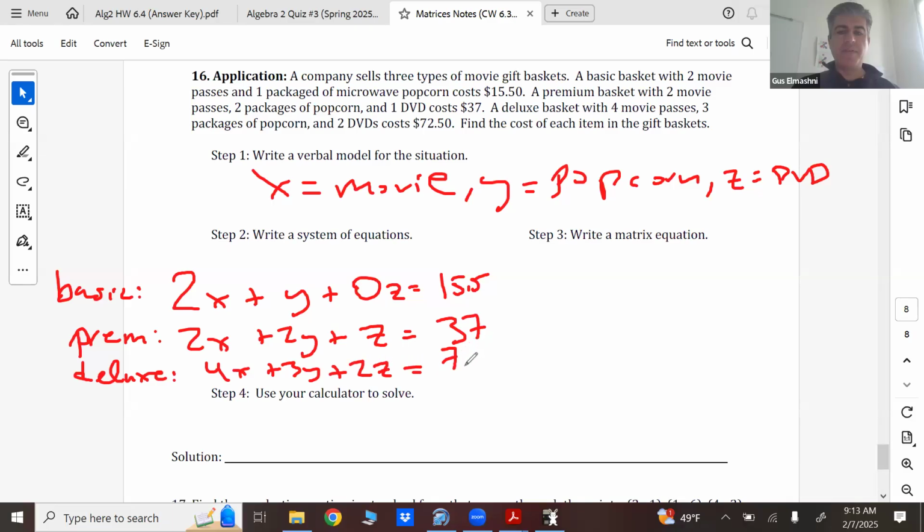Which basket did you get? We have kids, so I would probably get deluxe. But then again, we have Disney, we have Netflix, we have Prime. Every time I take my kids to the movies, they always buy too much stuff.